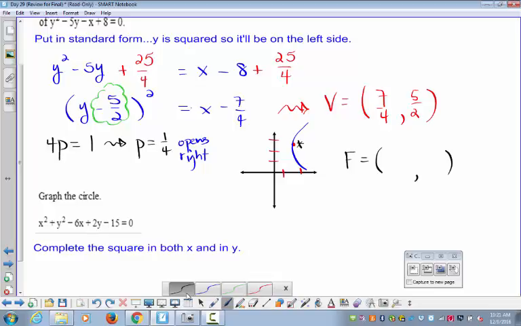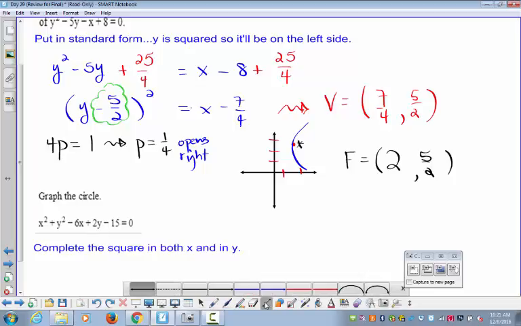And what would the x coordinate of that focus be? 2. We got that by adding 1/4 to 7/4. Because p is 1/4, the focus is 1/4 of a unit to the right of the vertex, so we add 1/4 to x. The y value has not changed if we're just moving horizontally. The y value is 5/2.